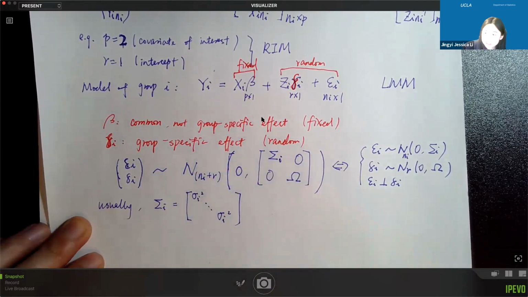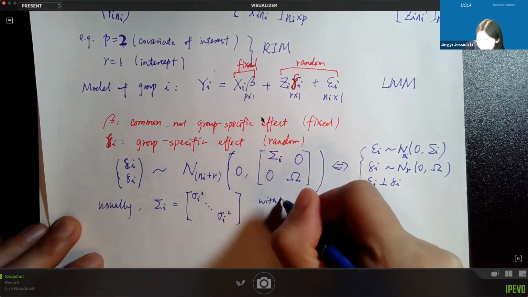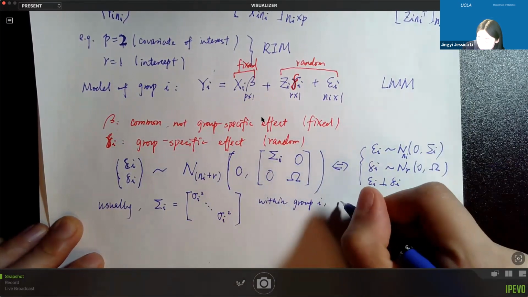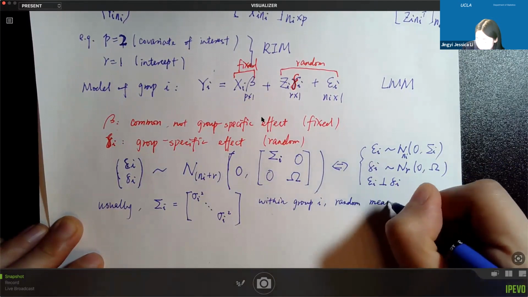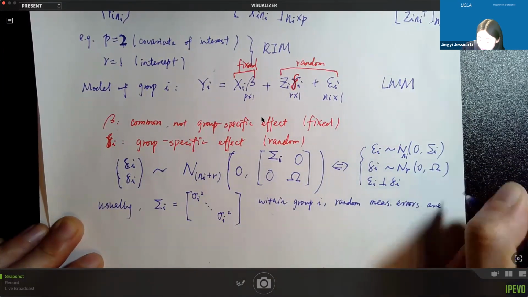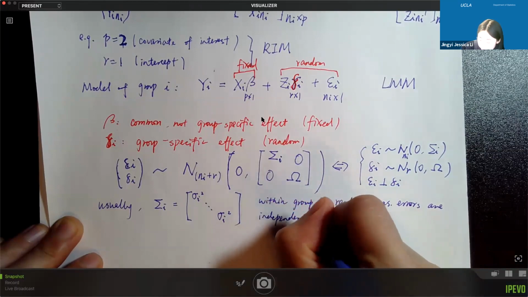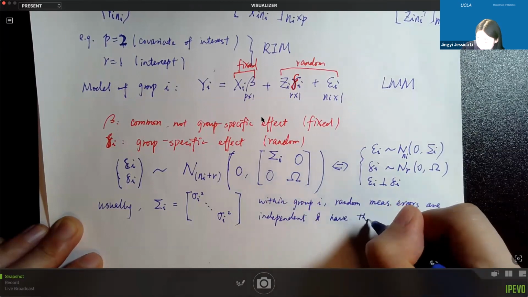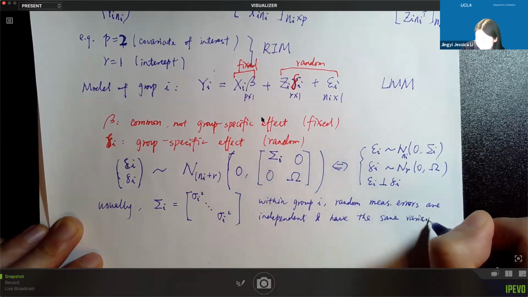Okay, so this means that within group i, our random measurement errors are all independent, and they have the same variance sigma_i squared.